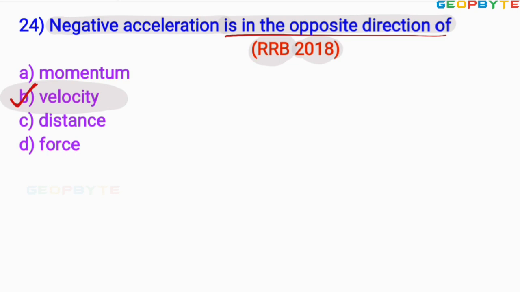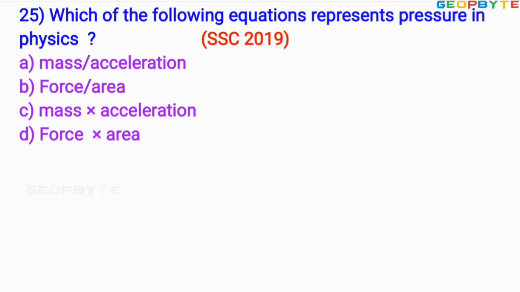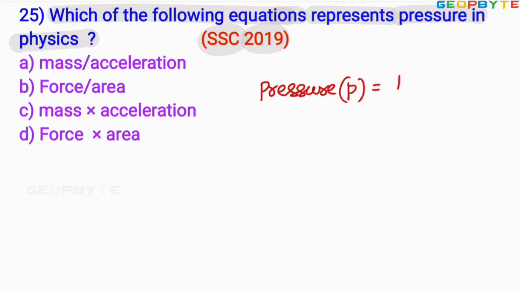Let's go for the last problem, given in 2019 for the SSC exam. Which of the following equations represents pressure in physics? Dear friends, remember, pressure, generally denoted by P, equals force per unit area.